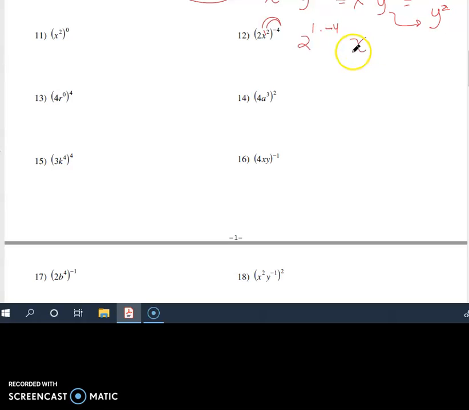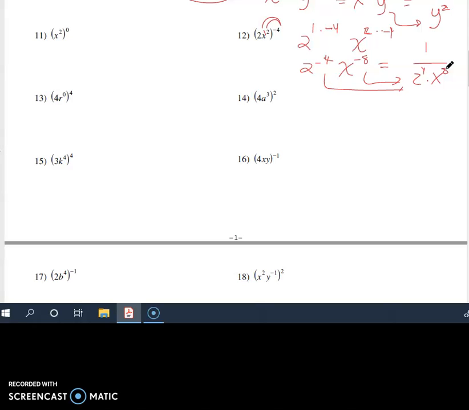And for the x, it's going to be 2 times -4. So the exponent on the 2 is going to be -4, and the exponent on the x will be -8. Both of the exponents are negative, which tells me that the final answer is going to be 1 over 2 to the 4th times x to the 8th.